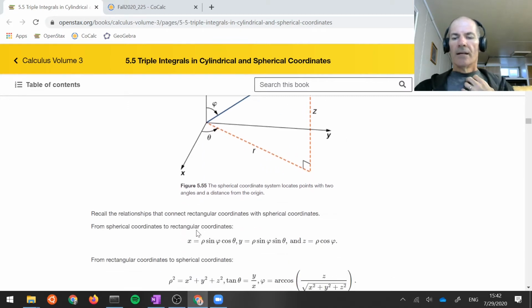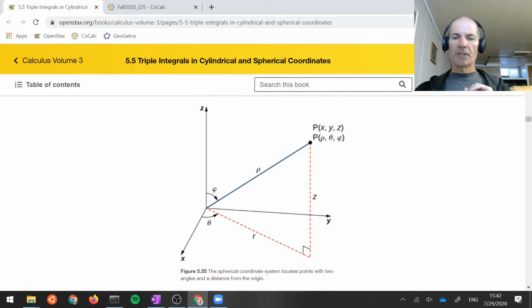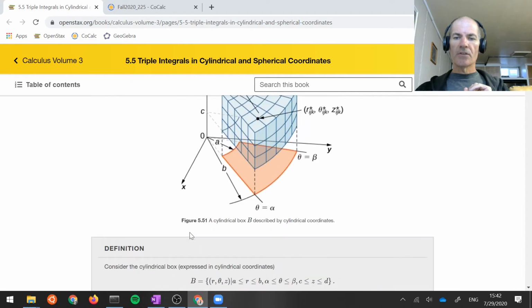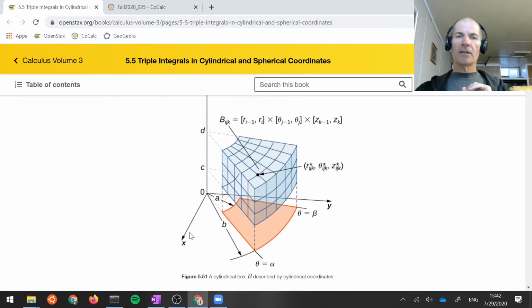Okay. Now, when you're building integrals in either cylindrical or spherical coordinates, I want you to imitate the process that we've been doing in rectangular coordinates. And that is, we decide an order of integration, and then we pick paths that are parallel to each of the variables that we're integrating with respect to.